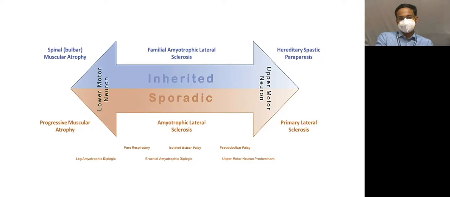Now, in the inherited forms, the upper motor neuron dominant form is hereditary spastic paraparesis, and in the lower motor neuron dominant form, you have the spinal muscular atrophies and the spinobulbar muscular atrophies.